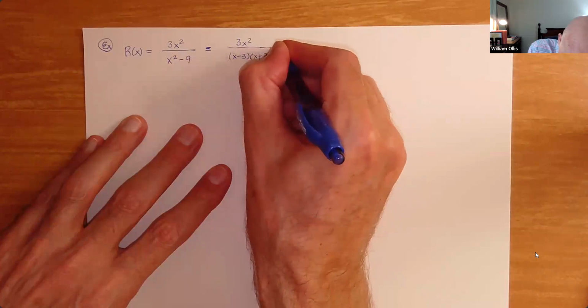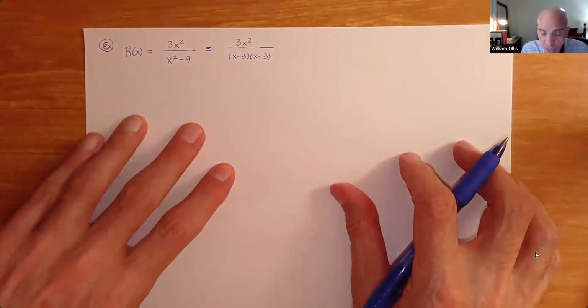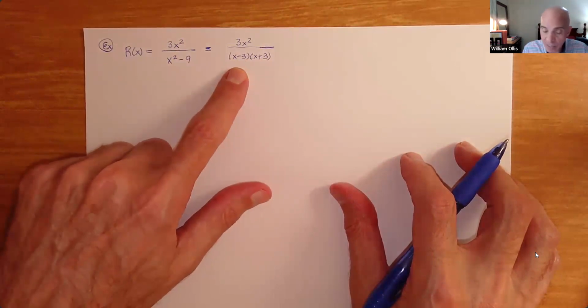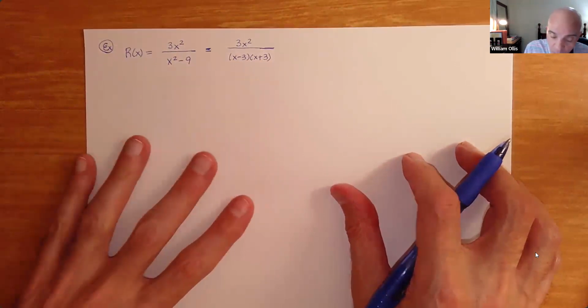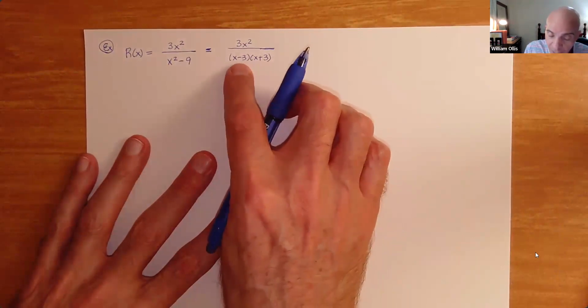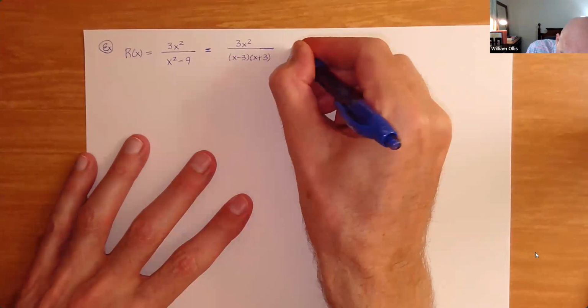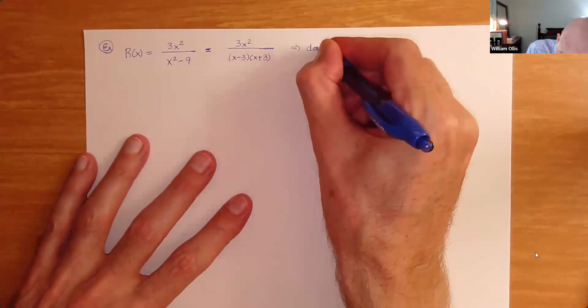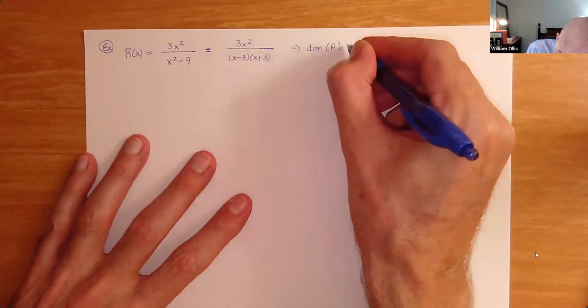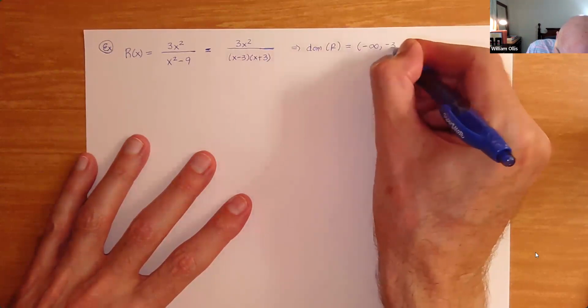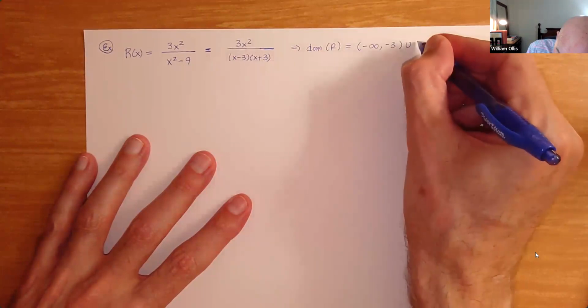The factored form is not always what we want to use, but it certainly could be something that helps us with our sign test dealing with multiplicities. So notice here in the domain, we would have to exclude 3 and negative 3. So this would imply that the domain of R is all real numbers except for, as I said, negative 3 and positive 3.